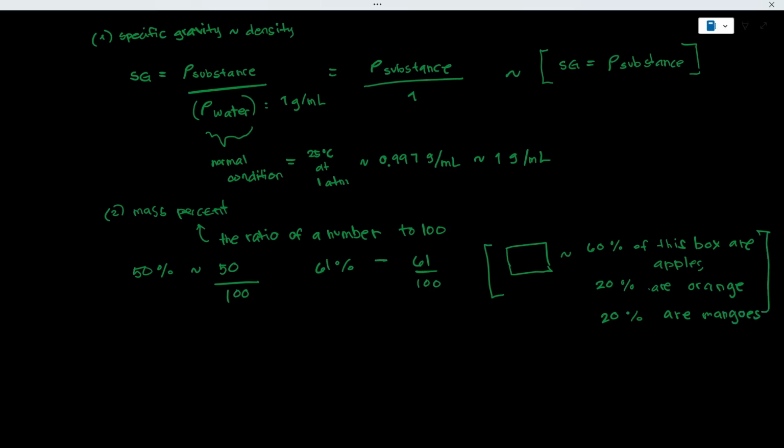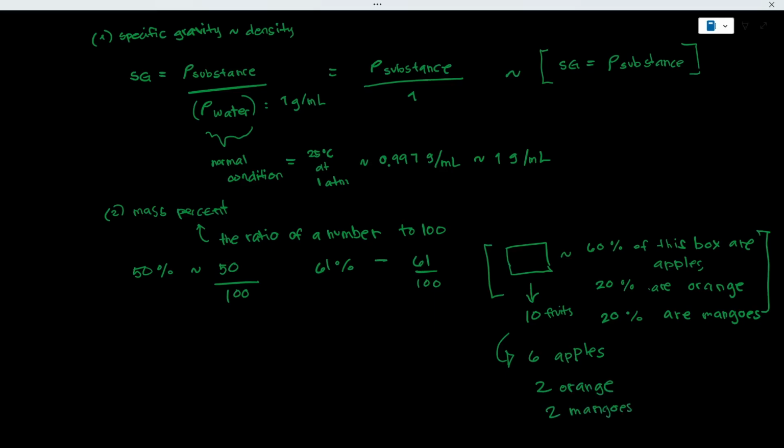So this implies a ratio of a number to 100. Let's say this box contains 10 fruits. 60% of 10 is 6, which means there are 6 apples. And 20% of 10 is 2 oranges, and 2 mangoes because it's also 20%.